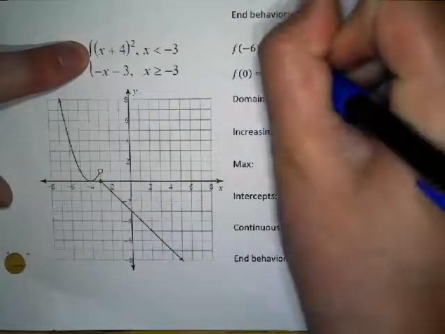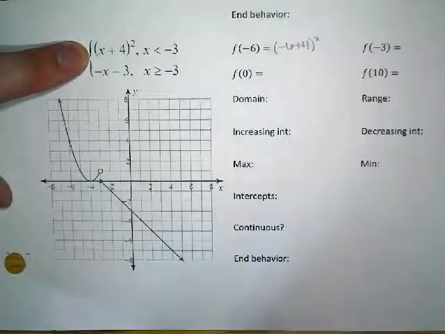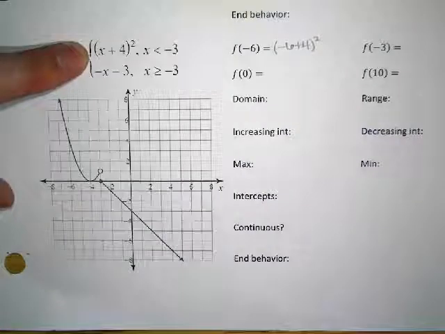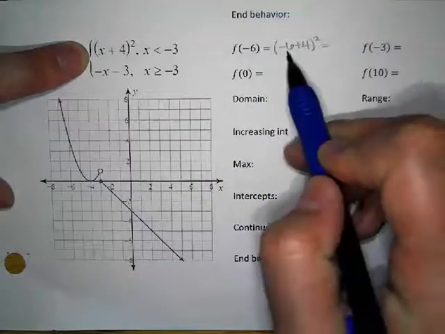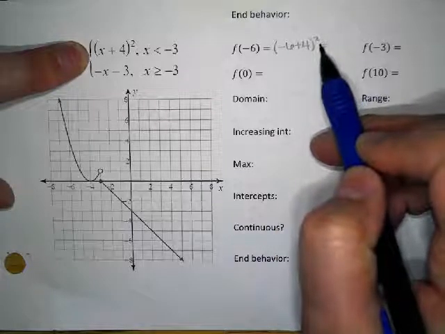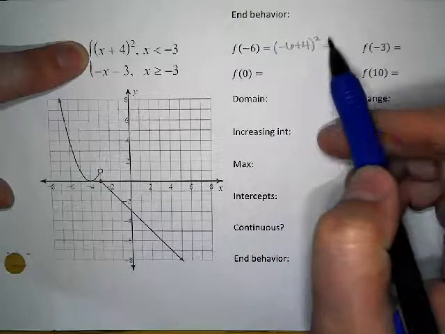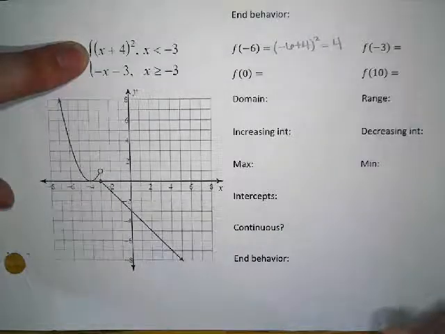So I'm going to have -6 plus 4 squared. What is that going to give me? -2 squared. 4. Good. We're not killing any baby otters. We're keeping them alive today. Alive and well. Okay?